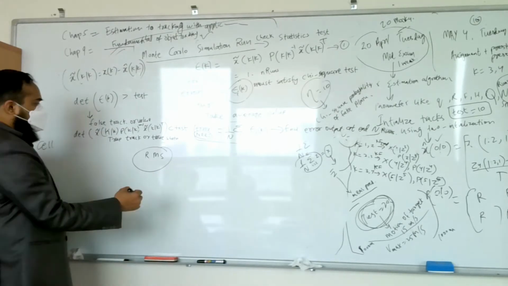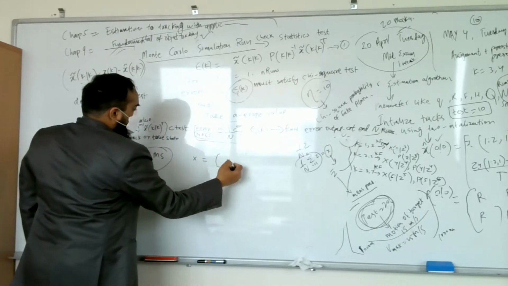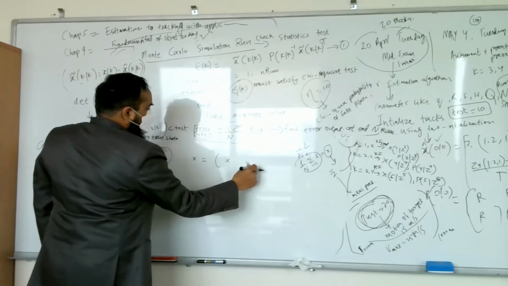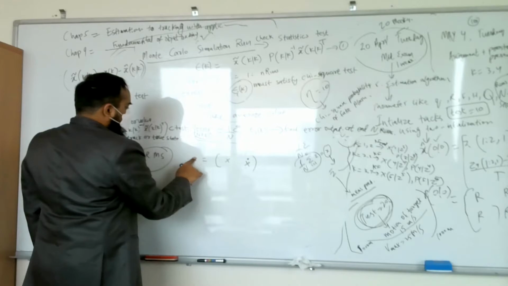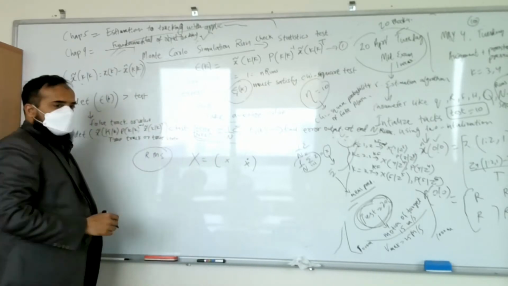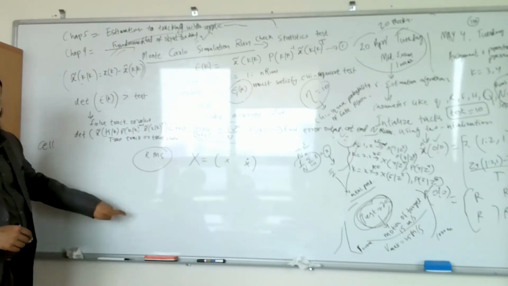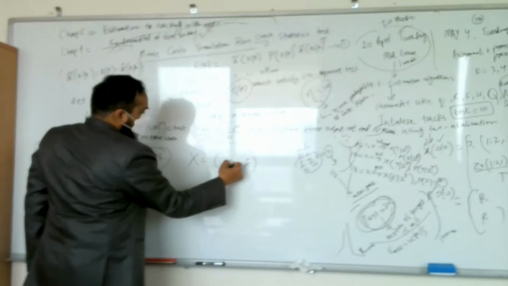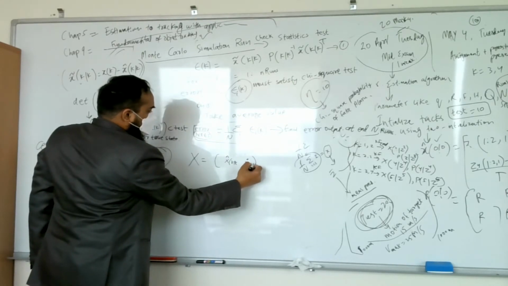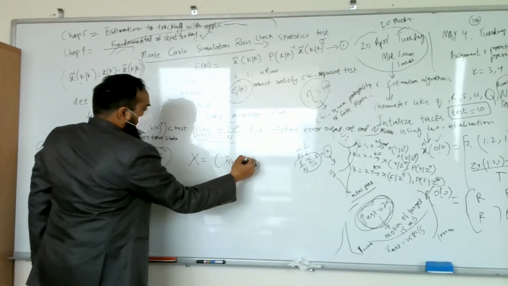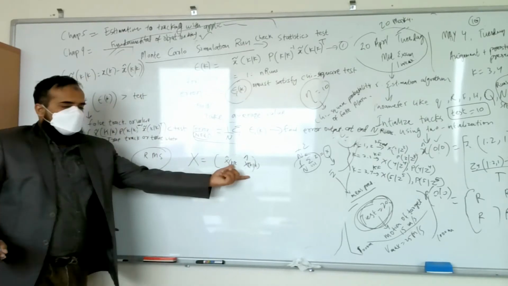So in this, suppose x is a position and velocity. This is capital X. You have already calculated this from the Kalman filter. Sorry, this is the output of the Kalman filter.